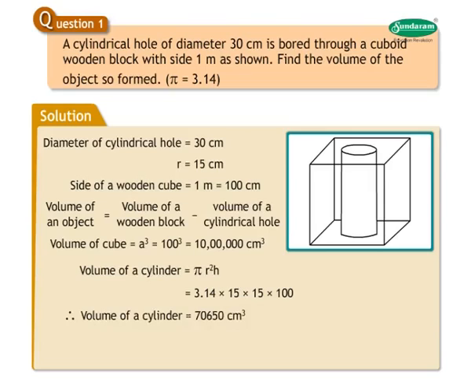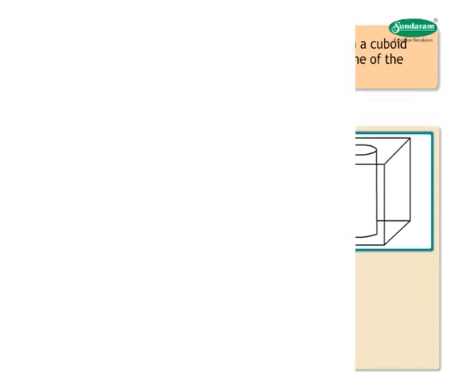Therefore, volume of cylinder is 70,650 cubic centimeters. Therefore, volume of the object is 10 lakh minus 70,650, which is equal to 9,29,350 cubic centimeters.